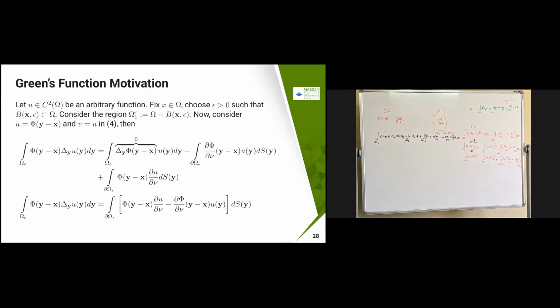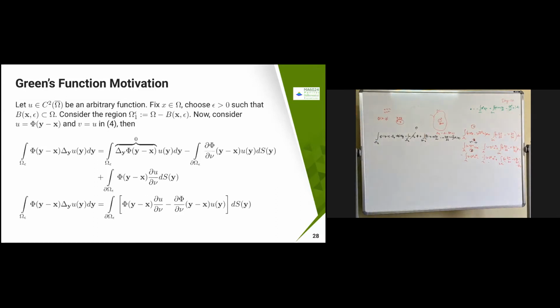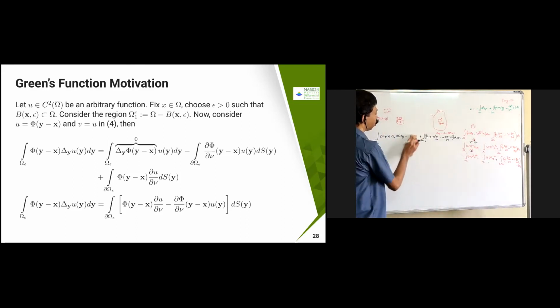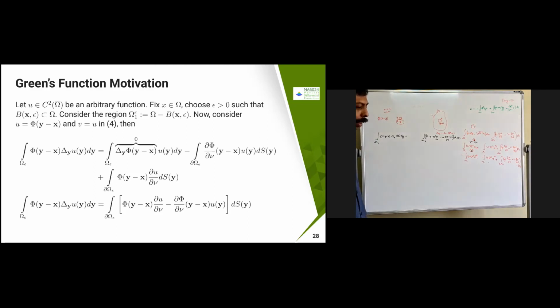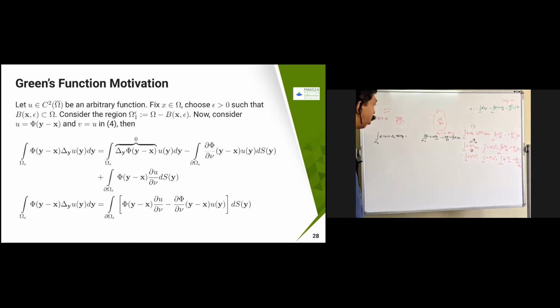Therefore this is cancelled, it becomes 0. So the remaining term is only this one: pi of y minus x dou u by dou nu minus u into dou pi by dou nu, into ds.